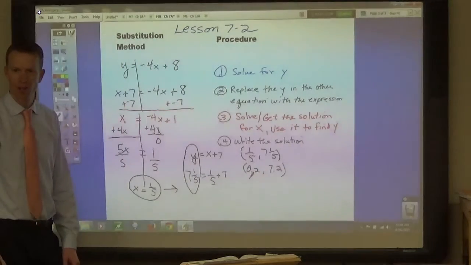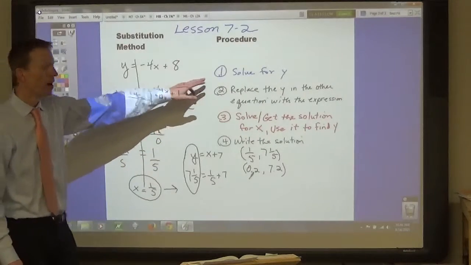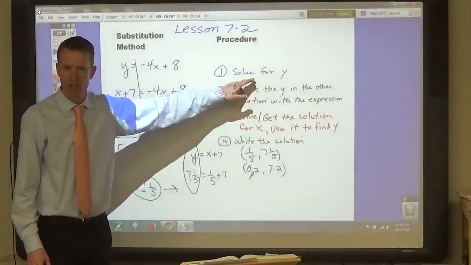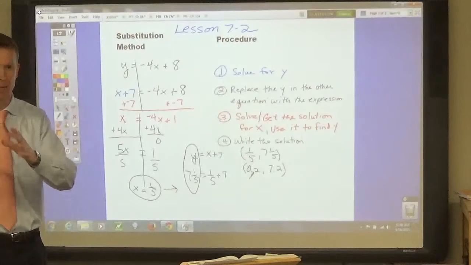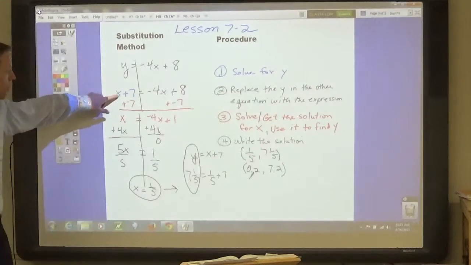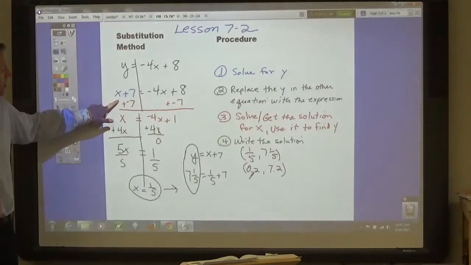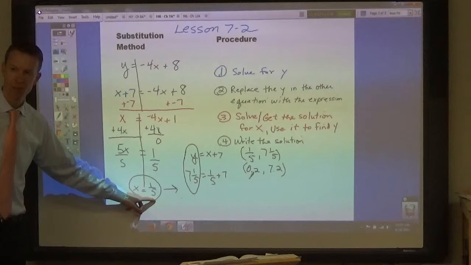Any questions on what we're doing? The basic procedure is to find what one of the variables is equal to in one of the equations, so that you have an expression for that variable, and then you can put it back into one of the equations to find what that variable equals.